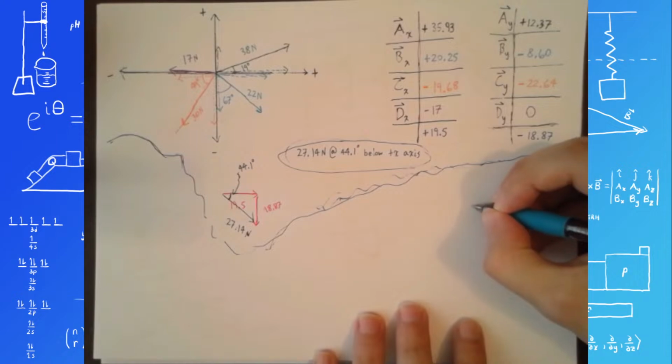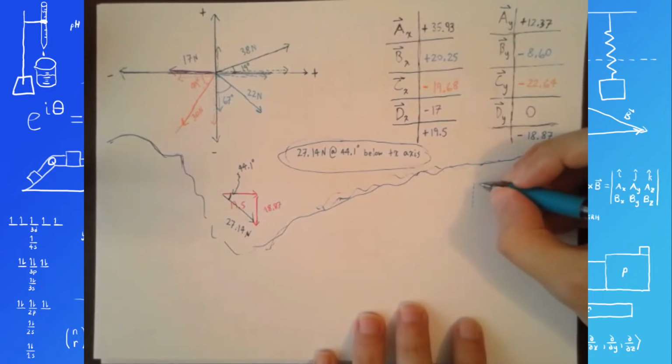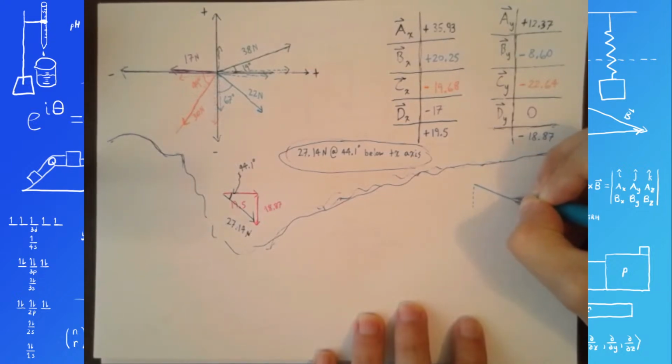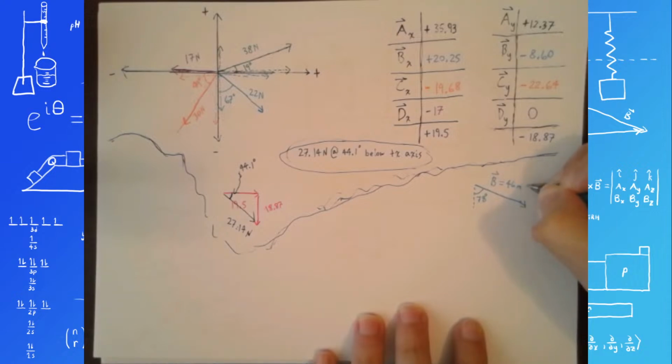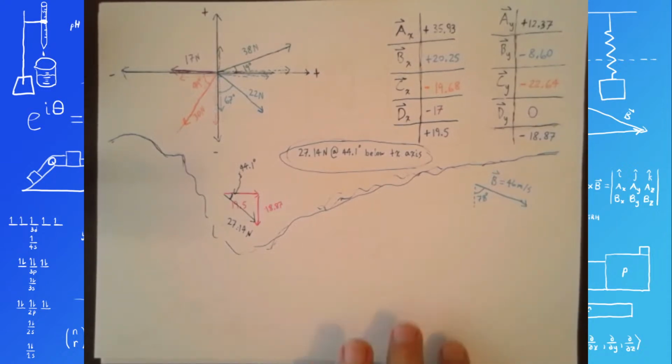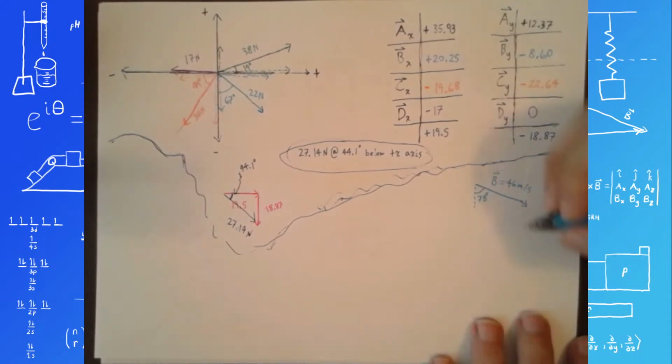So we've got 78 degrees, something like that. I'm not going to bother drawing them to scale this time. 78 degrees, that's vector B, 46 meters per second. I do want to at least get the angles. Actually, you know what? Drawing them to scale is actually kind of important here, so I'll try my best.